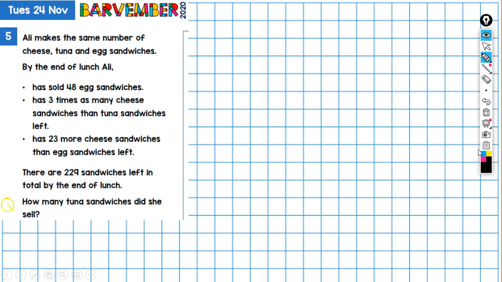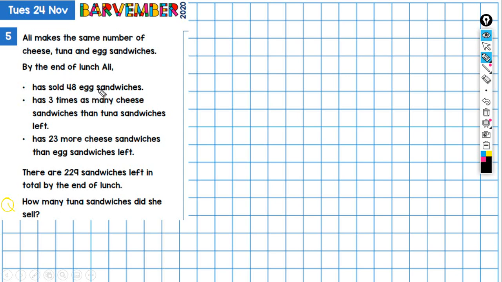Okay, where to start? I am going to start by drawing a block that represents the tuna sandwiches, because I know that there are 3 times as many cheese sandwiches left as tuna sandwiches.